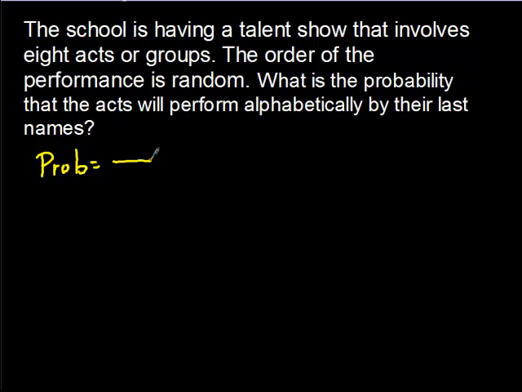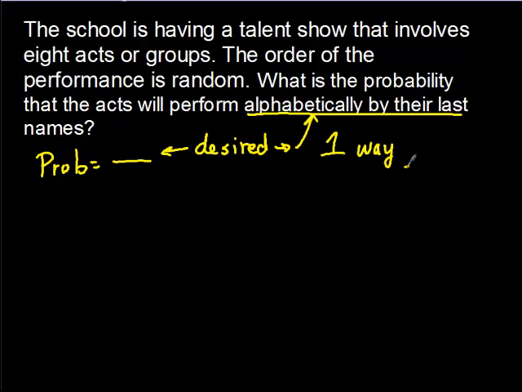Well, the first one we're going to look at is the desired outcomes. This is the easy one to find. We want the desired outcomes to be alphabetically in order by their last name. Now if you went through and put students or famous people or anybody in alphabetical order by their last name, there's only one way for that to occur.